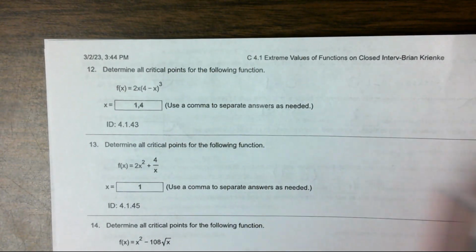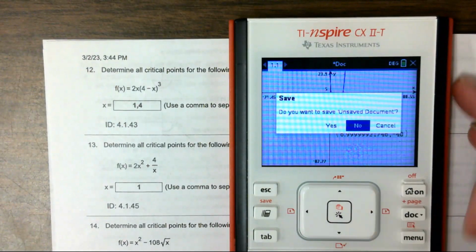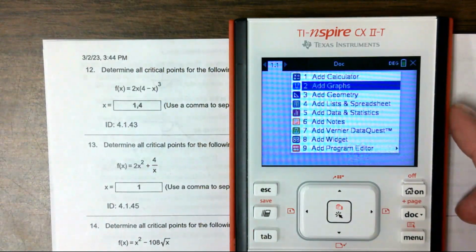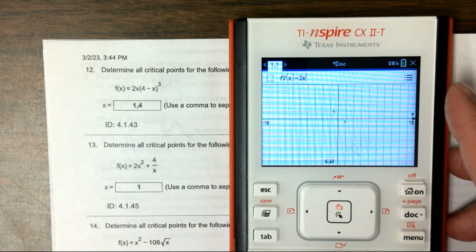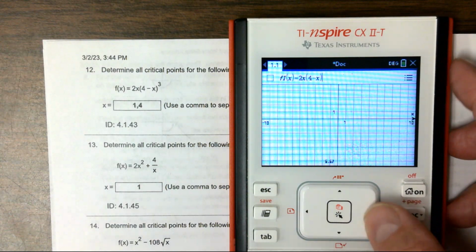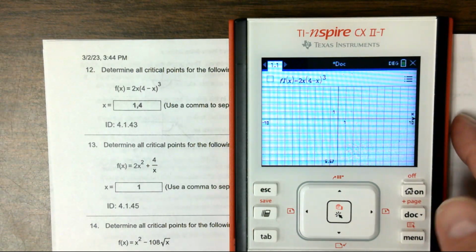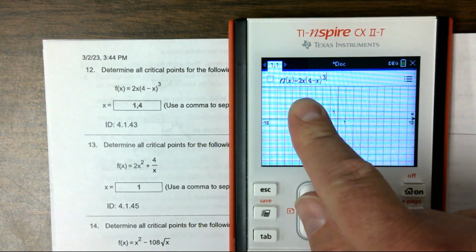So let's graph it. They don't tell you a certain interval, so you have to look carefully. 2x parentheses 4 minus x to the third. And the third goes outside. Now, before I press enter, I'm anticipating it may give me an error.